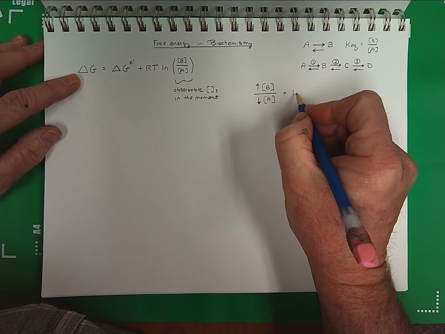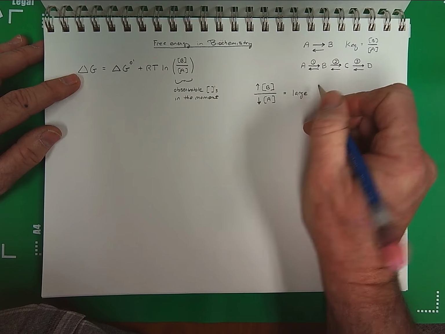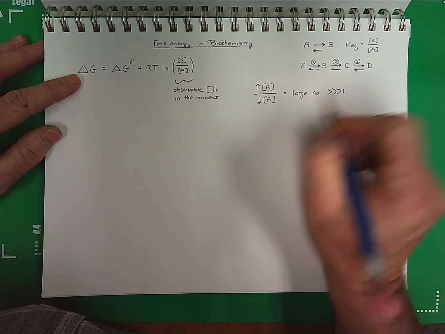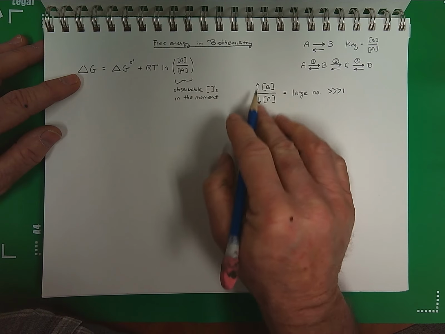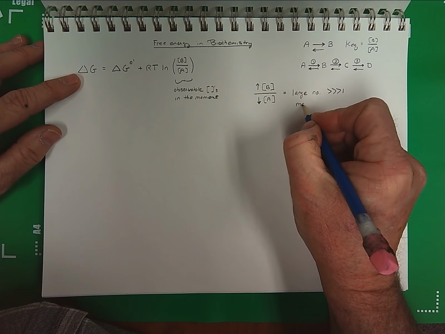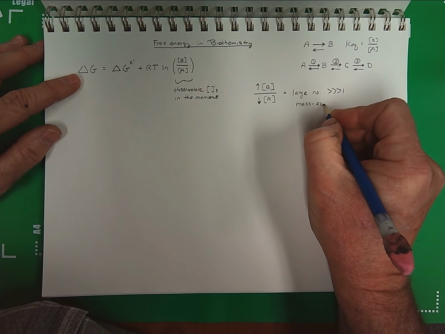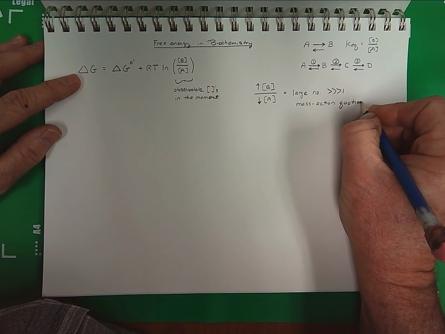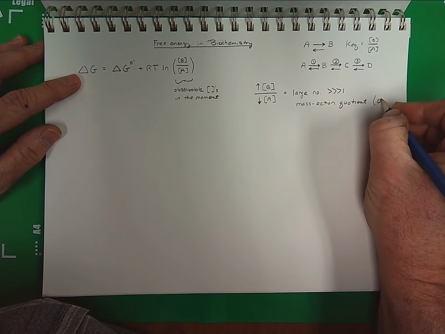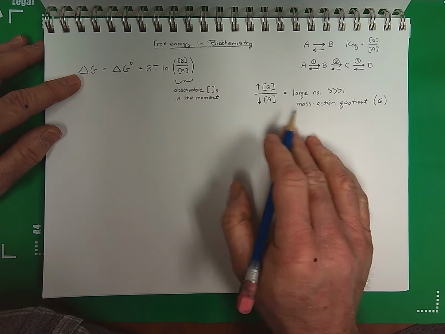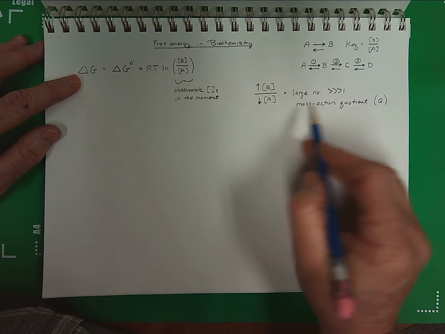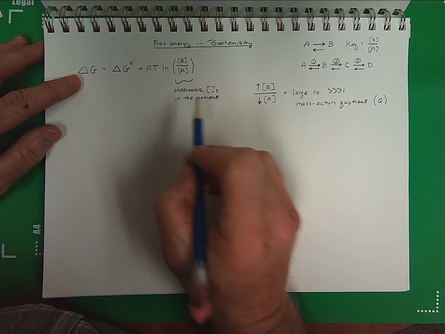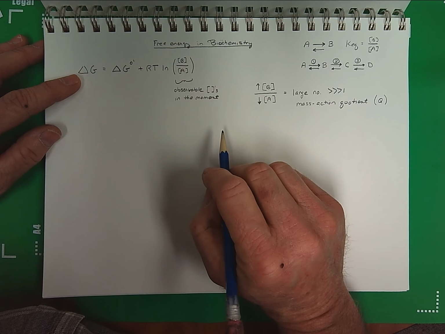This will give us a very large number, let's say much greater than 1. This particular value is called the mass action quotient, and it's abbreviated Q. This is not the equilibrium constant. This is a mass action quotient. Concentration is determined again in the particular moment that we are observing this reaction.